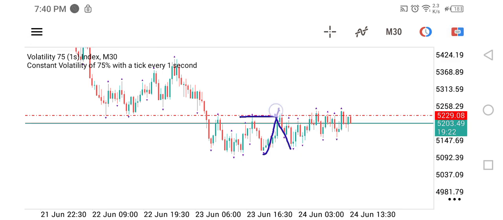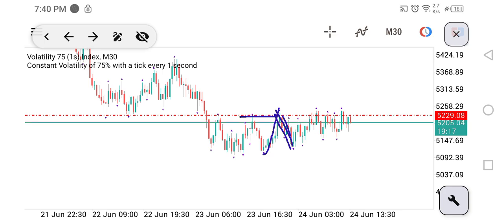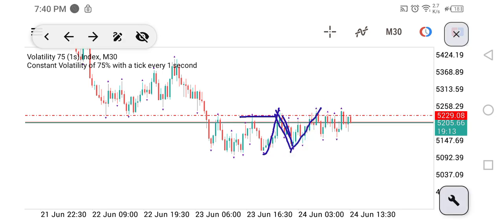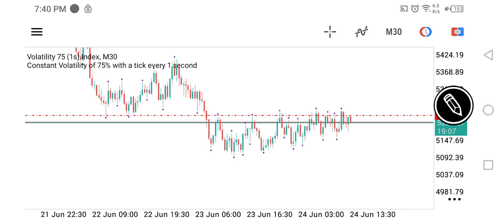That liquidity is what fueled this movement downward. So until price gives us a break and close above that level, that is not really a break, it is a sweep of liquidity, and it's because of the orders that are resting there.